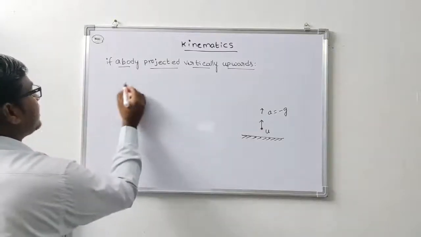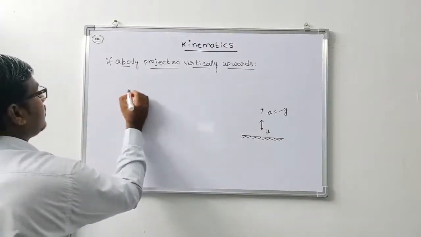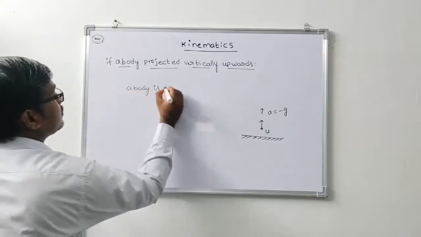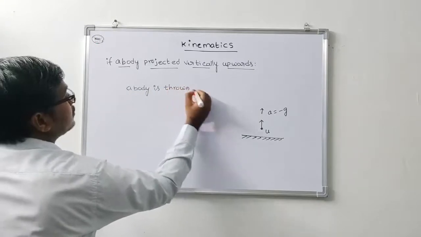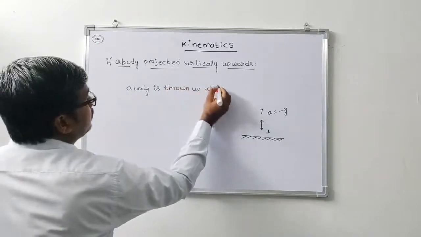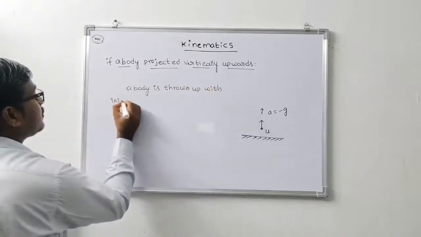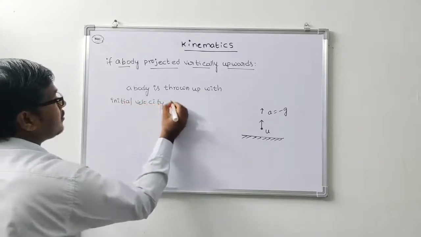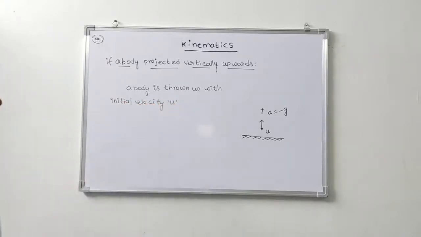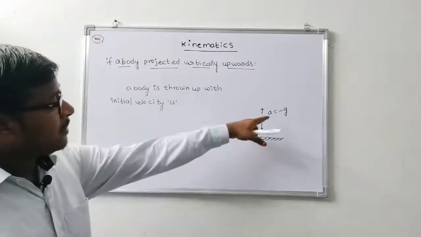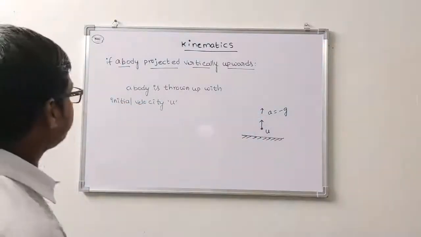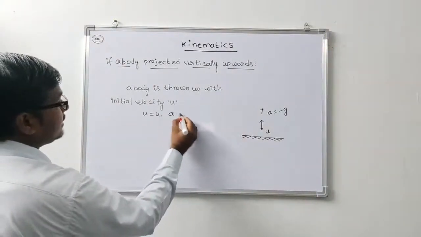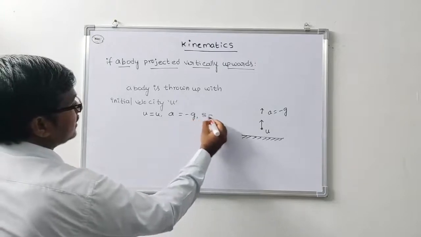Let us consider a body is thrown up with initial velocity u, after time taken to reach maximum height. u is equal to u, a is equal to minus g, s is equal to h.